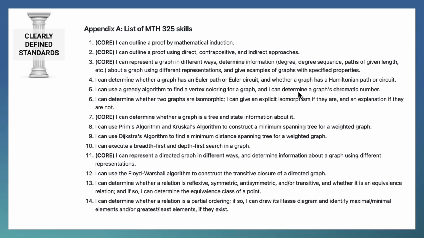Out of that list, I tried to distill it down to a much shorter list of between 12 and 16 really essential skills, like the main skills of the class, so important that I am willing to expend time and effort to eventually assess them.